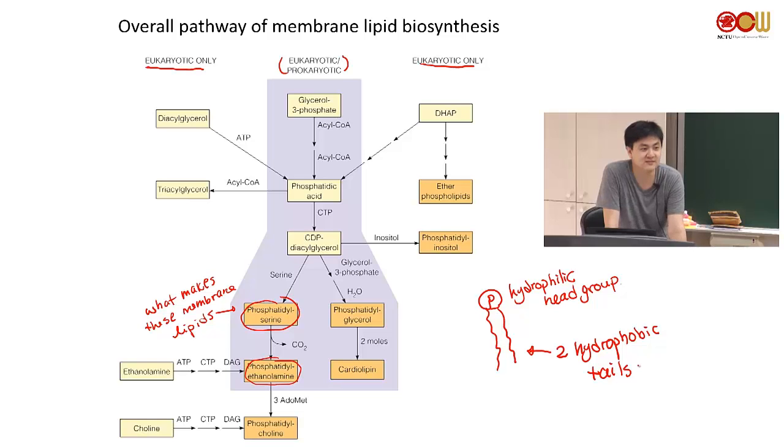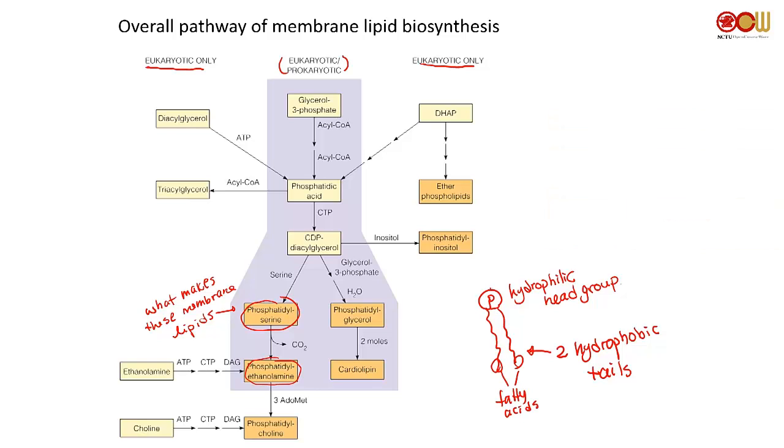What type of molecule would they be? Probably fatty acids, right? So these are going to be essentially fatty acids, and then you have a polar group on the top. I'll show you, it's essentially like glycerol, and here you have fatty acids, and then here is where you put the head group.